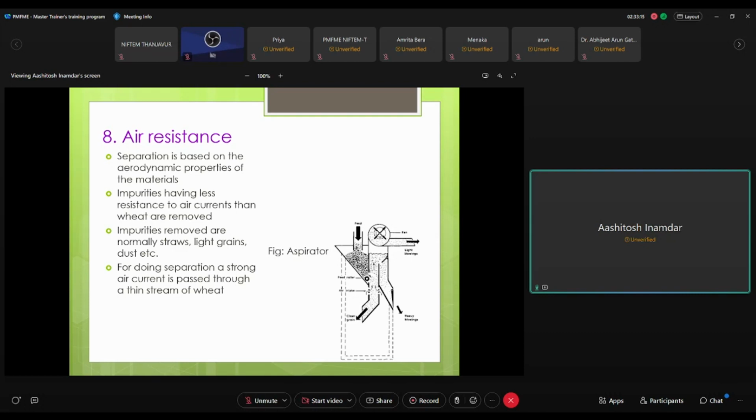The fan will be set to certain air velocities to take out the lighter impurities. Air velocities of 4 to 5 meters per second are the operational air velocities, so that it will take care that grains will not be sucked off.